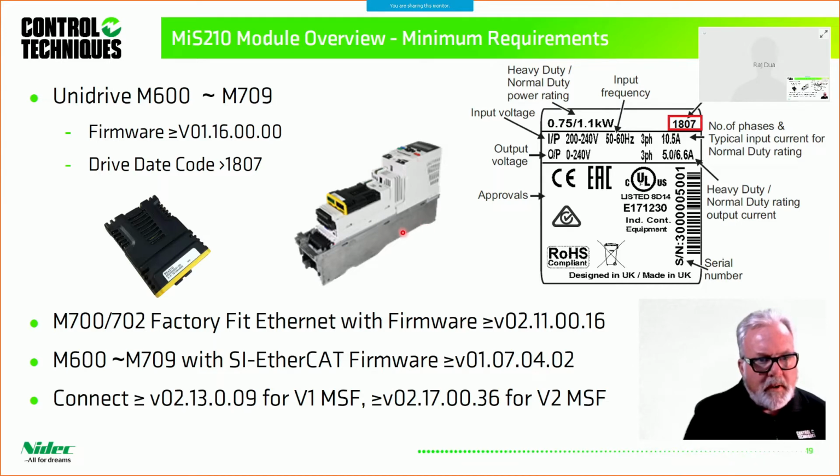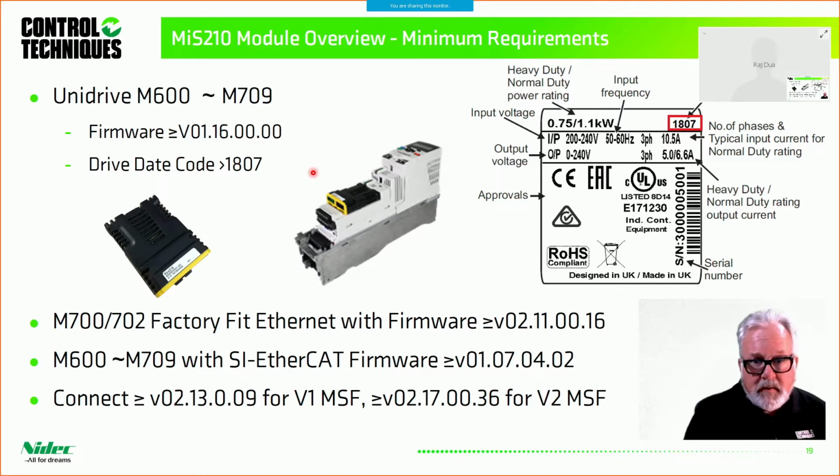So, minimum requirements. To utilize the MiS 210 with a Unidrive M600 or 700, the firmware in the drive must be at least revision 1.16, right? And the drive date code, which is shown over here, the serial number is there, the date code is there, must be greater than 1807.